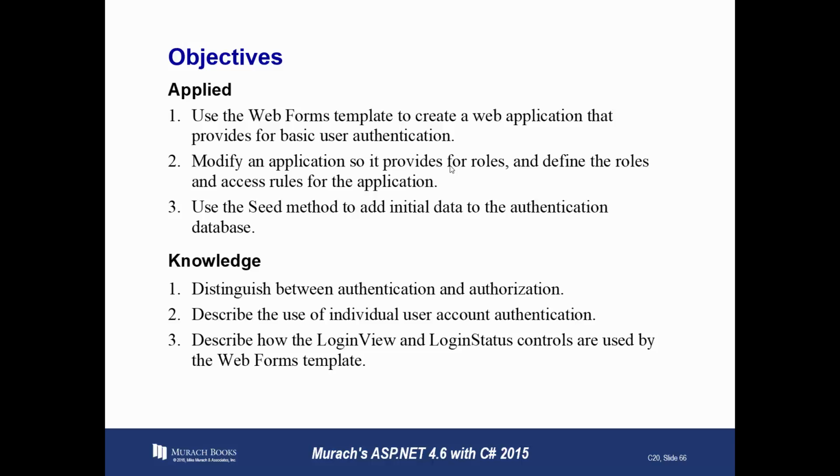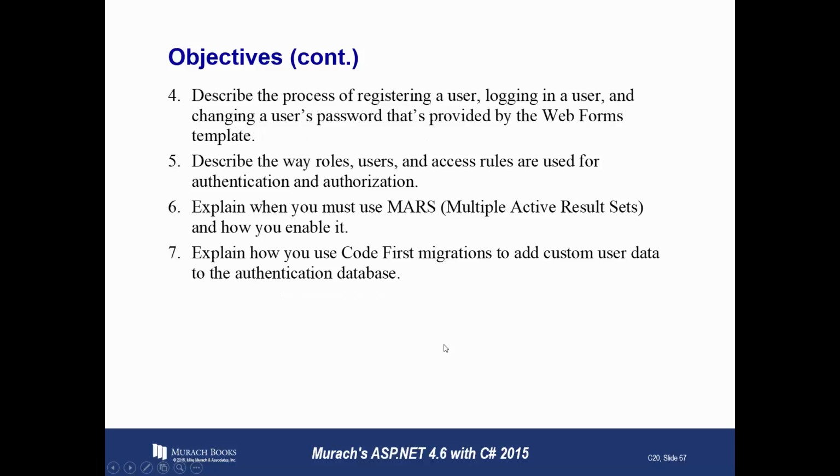We talked about individual user authentication. We talked a little bit about the login view and login status. And then we described the process of registering a user, logging that user in, being allowed to change their password, etc.